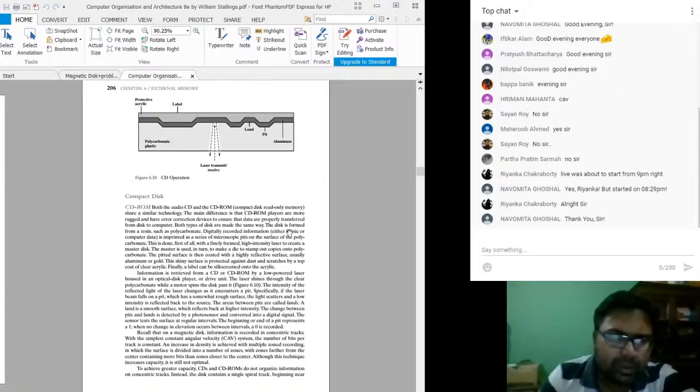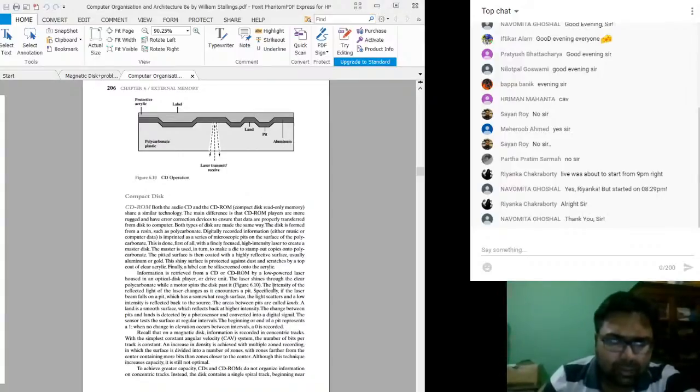When you want to read from that particular disk, you will point a low powered laser. You might have seen CD drives, they have some lens kind of arrangement. These are basically the lasers which will light up when you put in a CD, or whenever you run the CD drive.